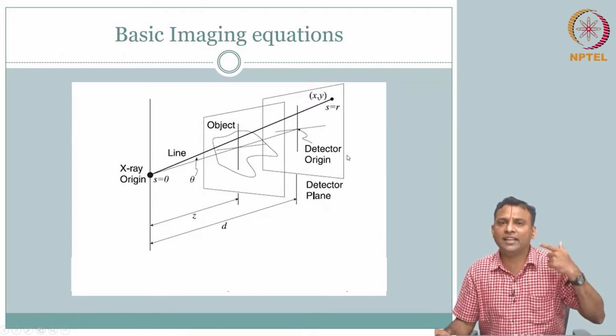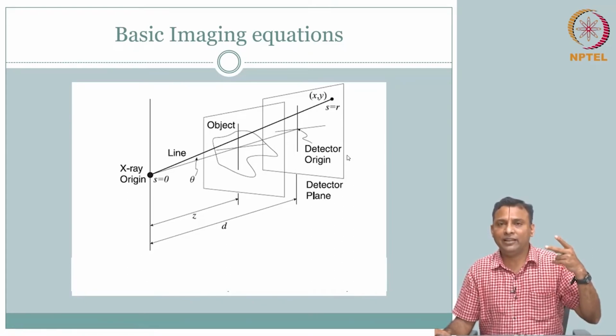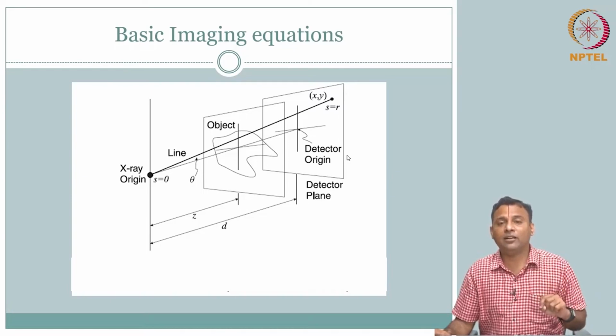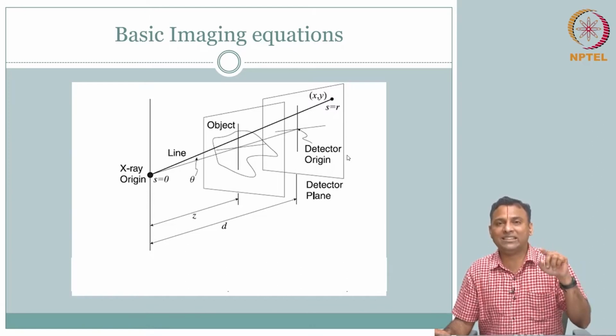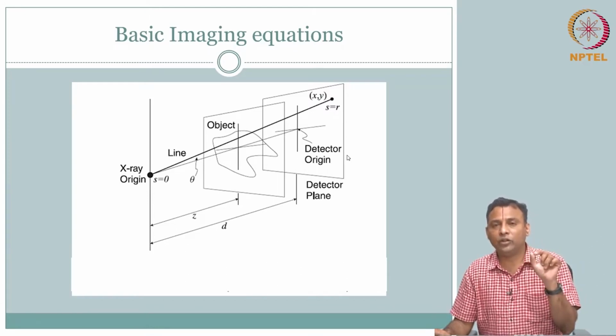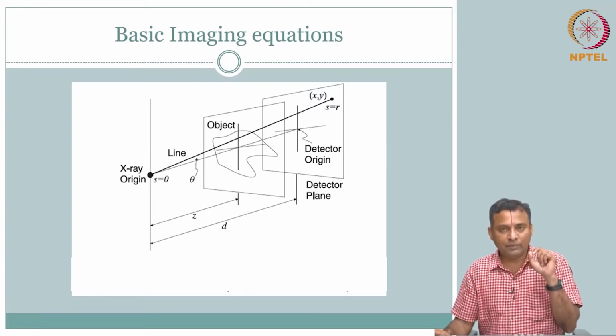We talked about signal and noise, interaction of electromagnetic radiation with the tissue slab, remember. Then we talked about the fundamental attenuation law, the photon law, exponential minus mu delta x, where delta x we denoted for a thin slab.